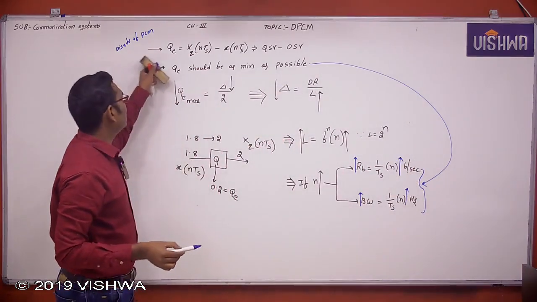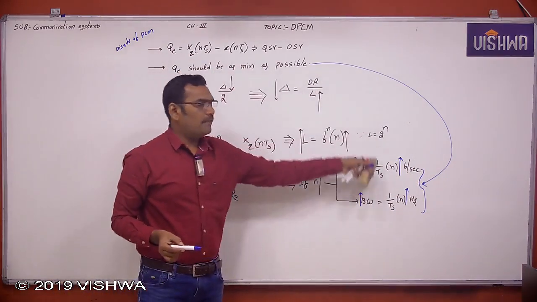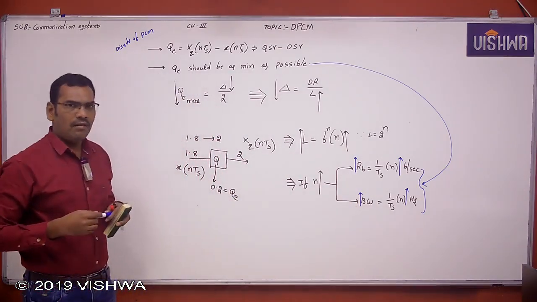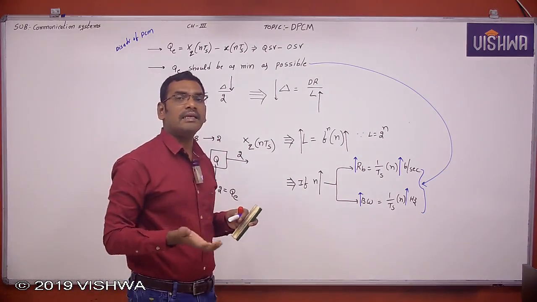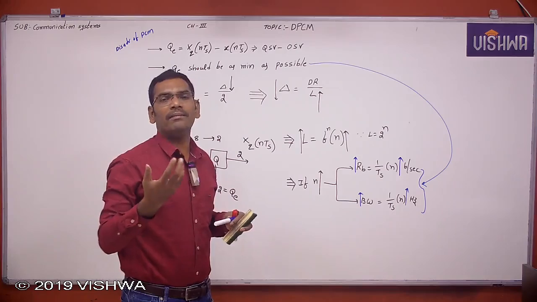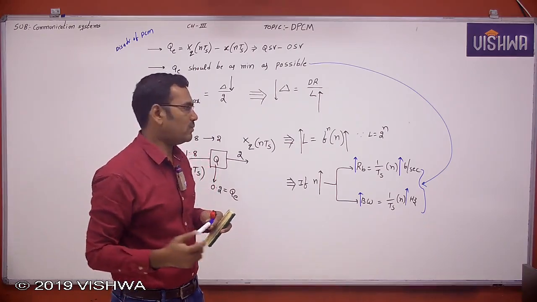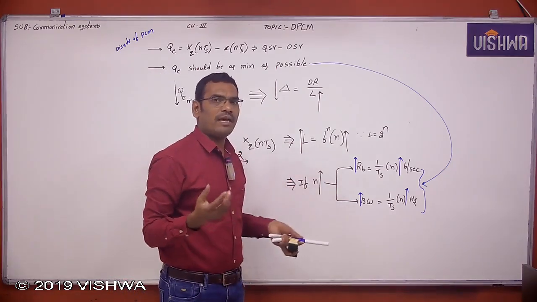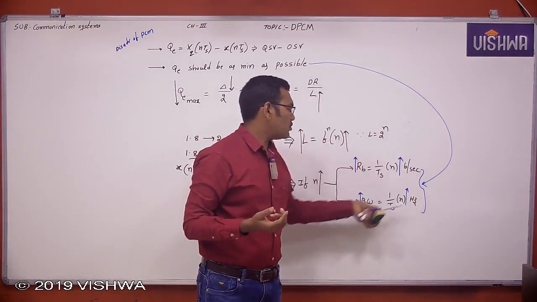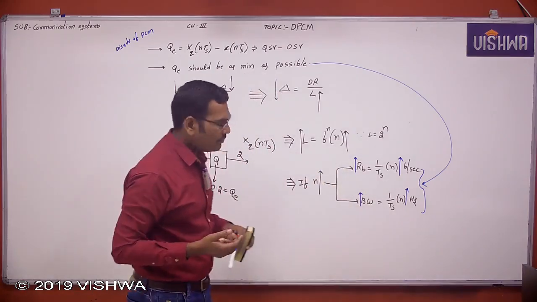Increasing the bit rate and bandwidth to minimize the quantization error is not a feasible method, not an acceptable method. Why? Because when the bit rate and bandwidth increase, you cannot accommodate more signals, and multiplexing is not possible. So the bandwidth and bit rate should also be as minimum as possible, but to minimize the quantization error, the bit rate and bandwidth are increasing.